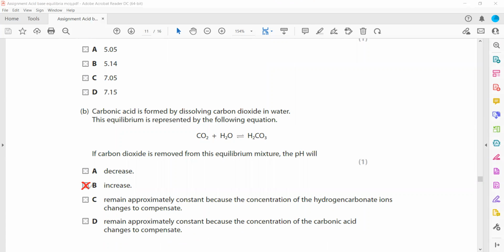The pH will increase. So when we reduce carbon dioxide, the equilibrium shifts towards the left hand side. If the amount of H2CO3 decreases, more hydrogen and carbonate ions combine to give H2CO3. So the amount of hydrogen decreases, that's why the pH will increase, as there's an inverse relation between pH and the hydrogen ion concentration.